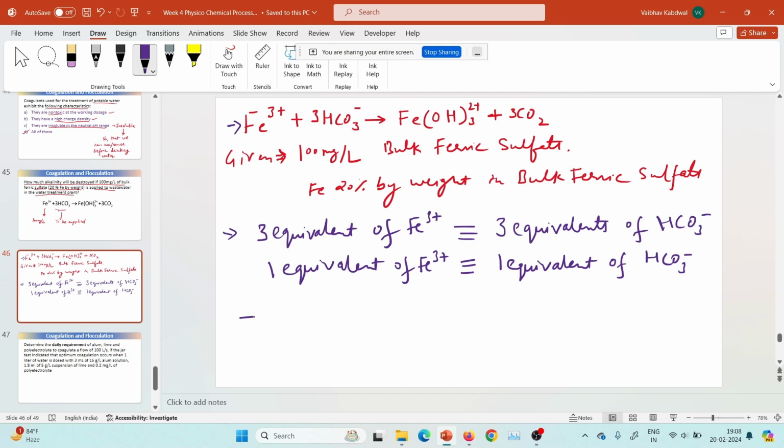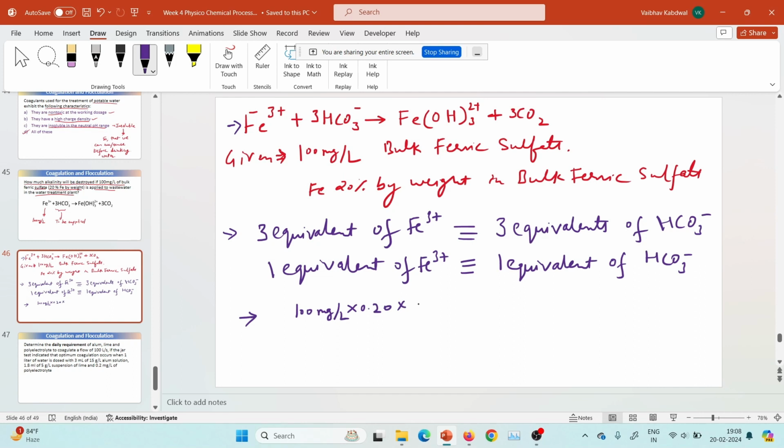So how many equivalents of Fe3+ are present? I can write it as 100 milligram per liter of Fe, out of which 20% is the iron.